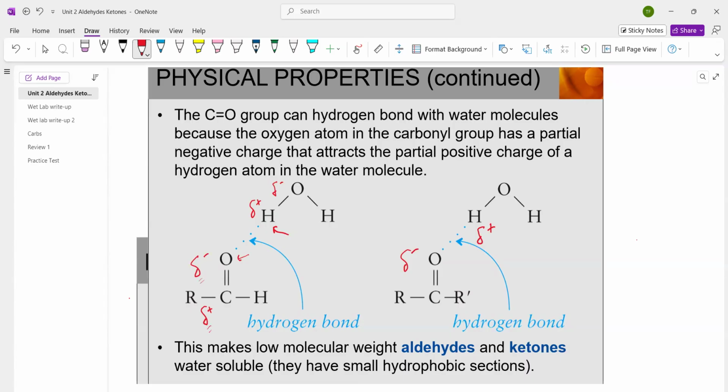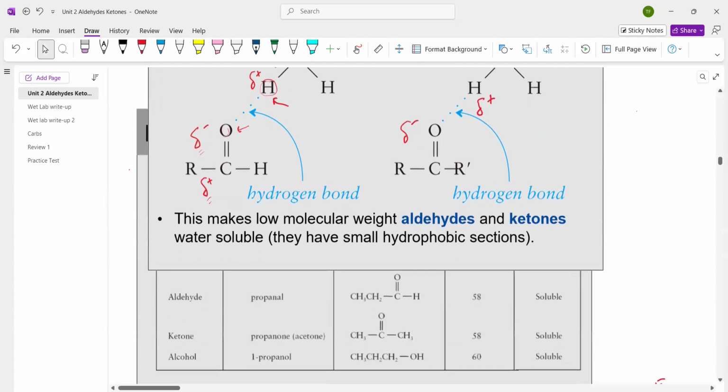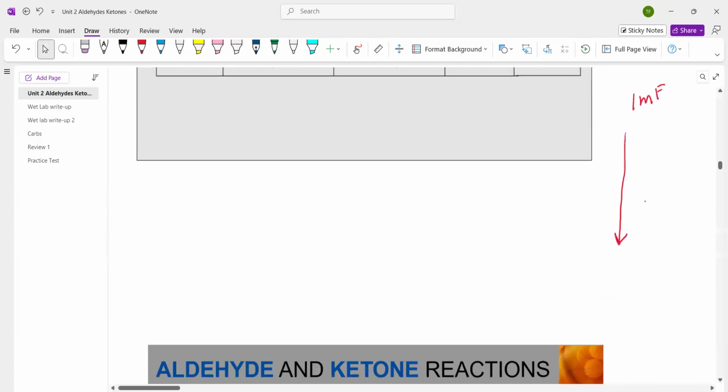So in water, you can have hydrogen bonding between the oxygen and the hydrogen in the water. Because of that, aldehydes and ketones are water soluble. Now they could have a long non-polar tail, which would overcome that polar carbonyl group.